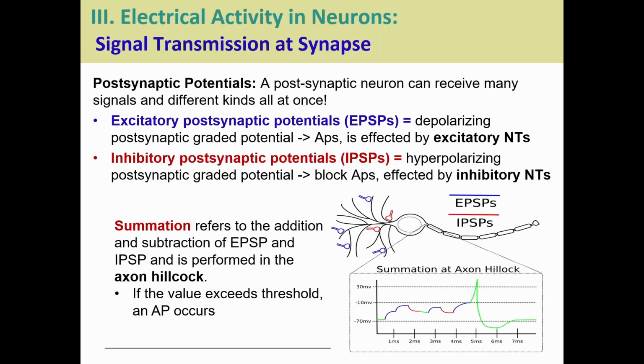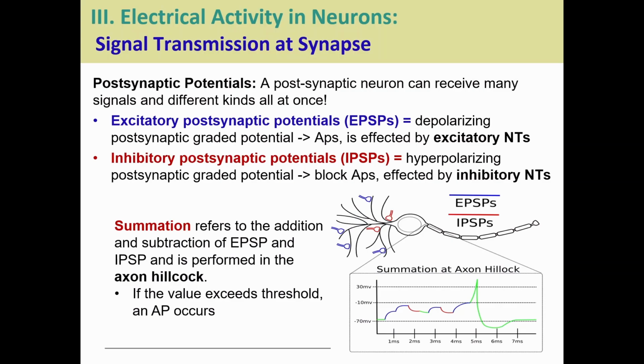So postsynaptic potentials: this is where the postsynaptic neuron is going to get a bunch of different signals, different types, all at the same time. We mentioned some of these already in summation, and we're going to talk about it again. The excitatory postsynaptic potentials, the EPSPs, are going to push for depolarization, which means they're pushing for an action potential.